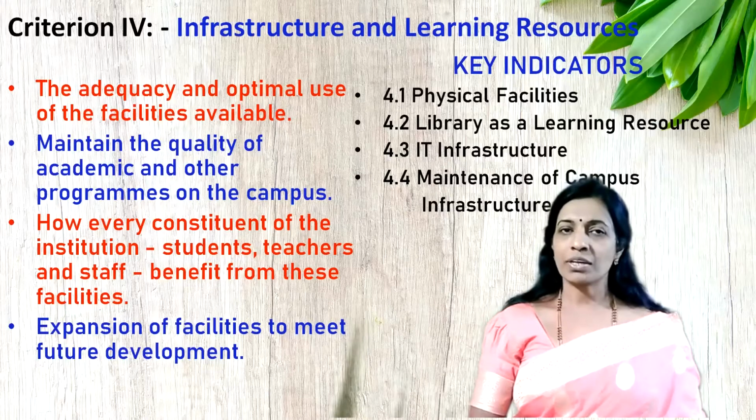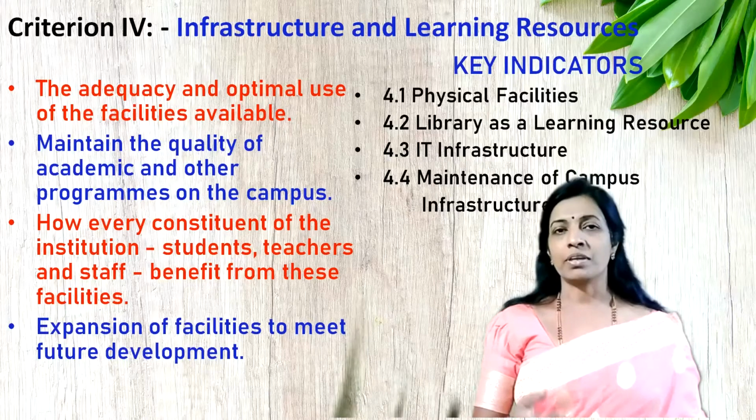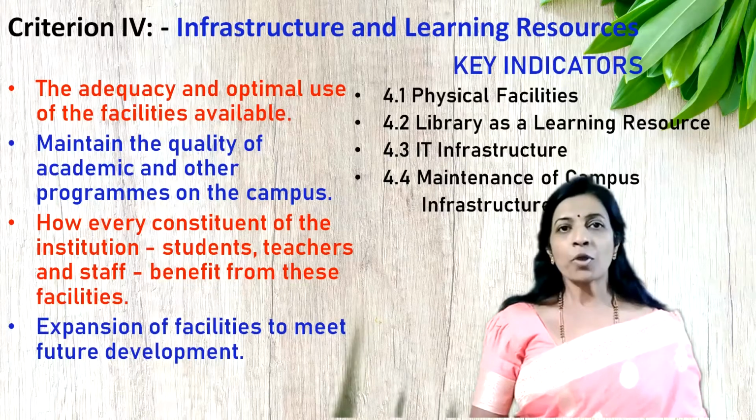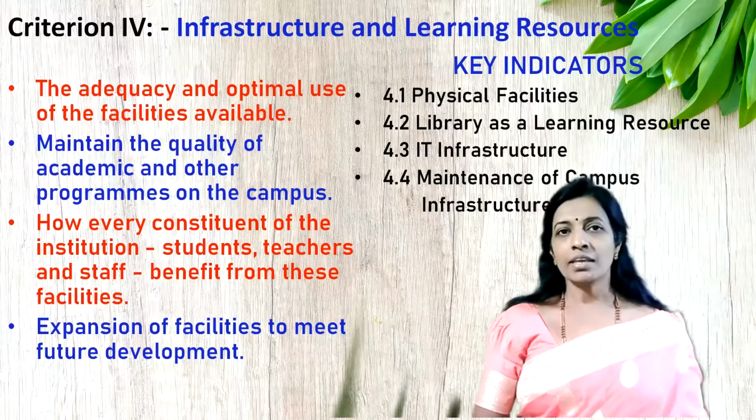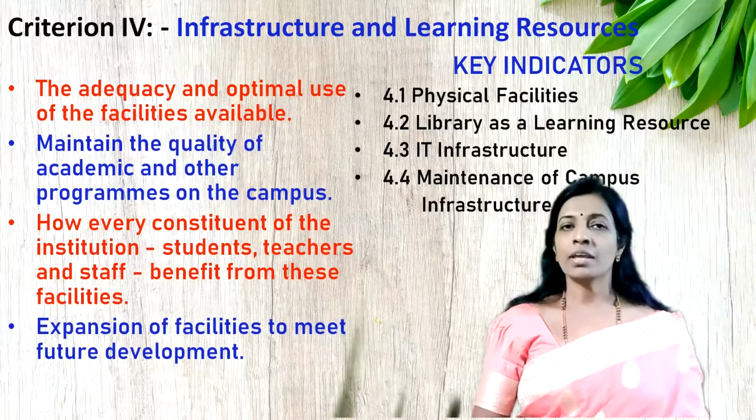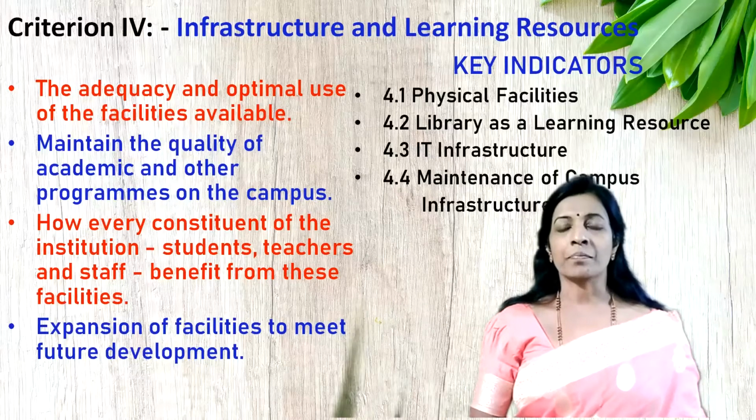These are the different aspects which a library needs to implement. Proper utilization of ICT resources, both in academic and administrative matters, is emphasized under this key indicator.